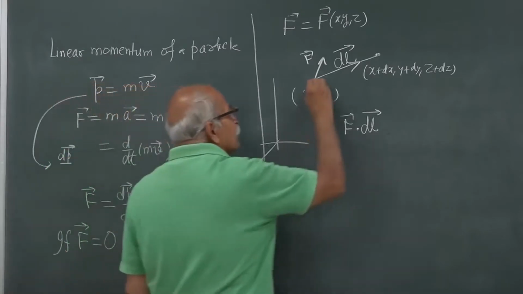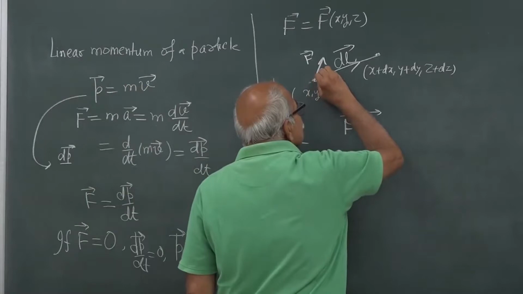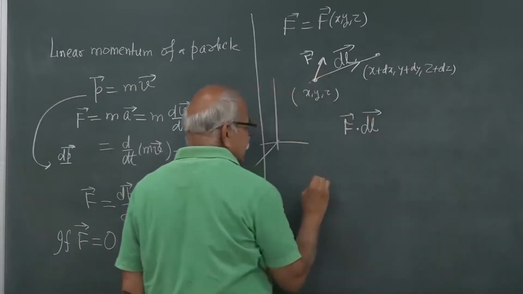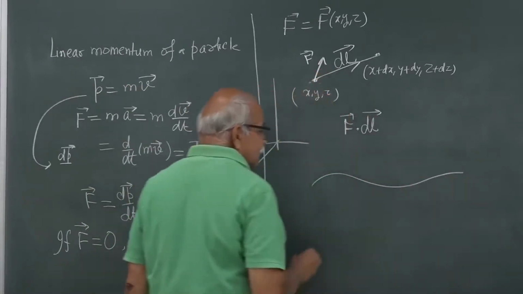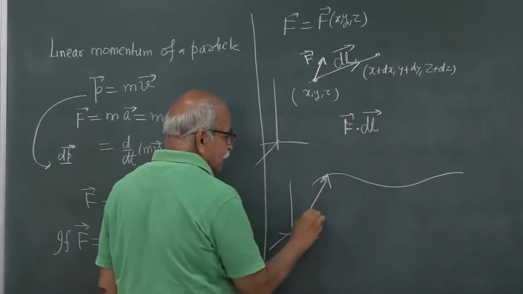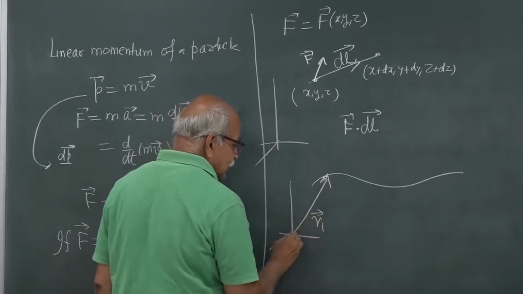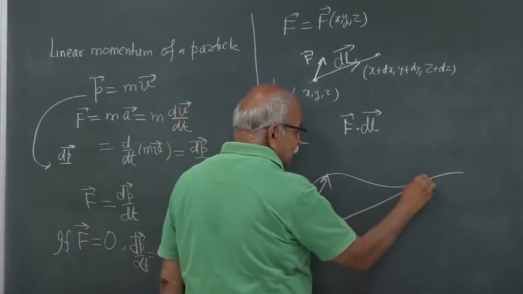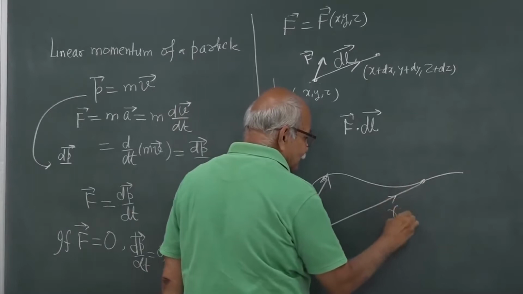Now take a curve, with a point whose vector is r1, and another point whose vector is r2.